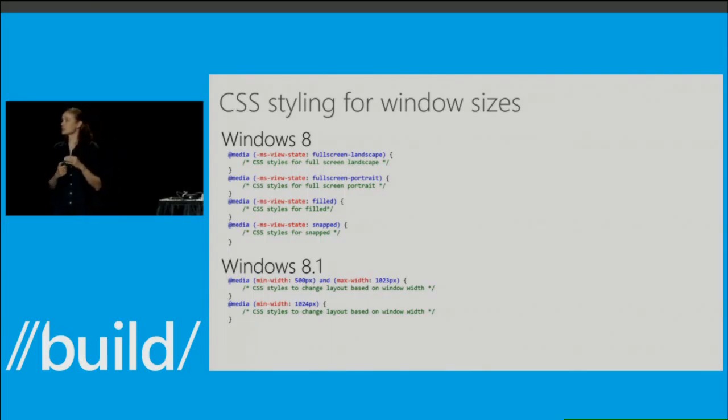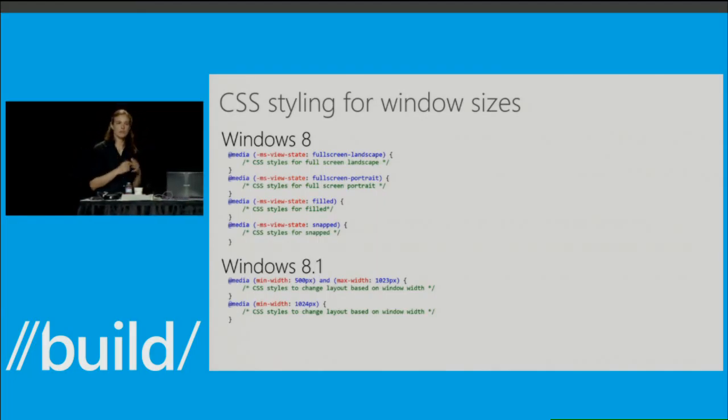Now we're encouraging you to use min-width and max-width, which are standard CSS properties. And you can use them to style your different widths the same way that you used to use MSViewState, but it's far more flexible. And you can also see in my first example, I'm using a little bit of logic to make that bounded by two different widths.